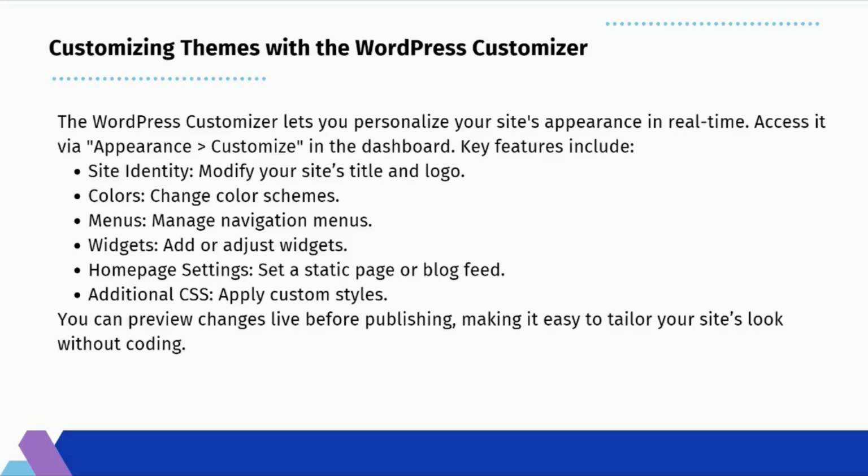So the content under the Appearance Customizer is all of this: site identity, colors, menus, widgets, homepage, and additional CSS or jQuery. You can preview changes live before publishing, making it easy to tailor your site look without coding. So on theme, you can customize your own website.